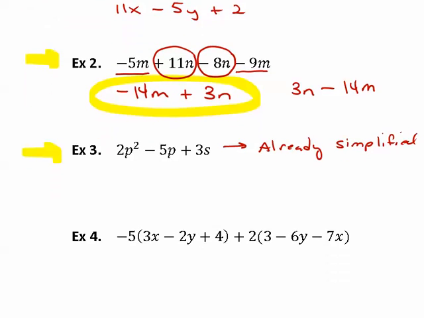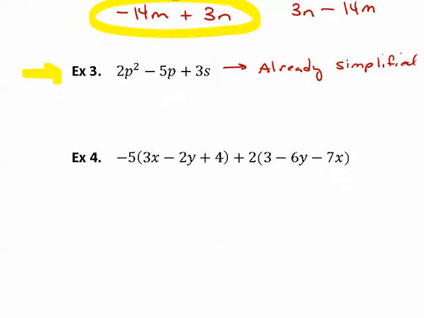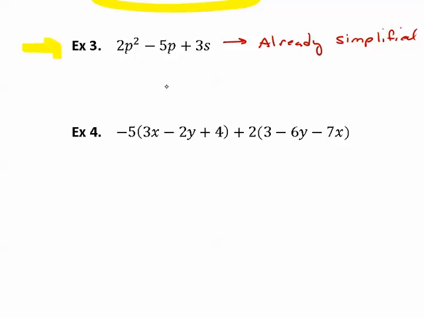So what about example number 4? Is there anything we can do inside the parentheses? According to the order of operations, we want to start there. Well, in either set of parentheses, there are no like terms. 3x minus 2y plus 4, there's nothing we can do there. But what we can do is distribute the negative 5.